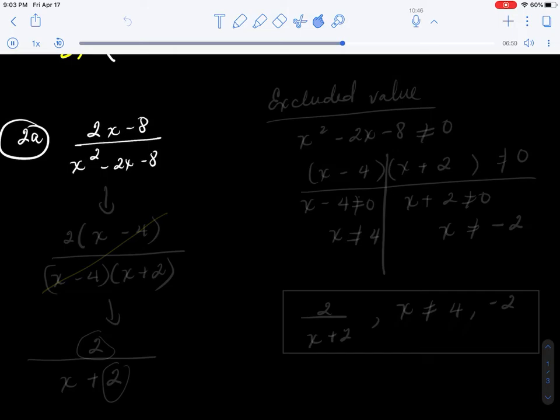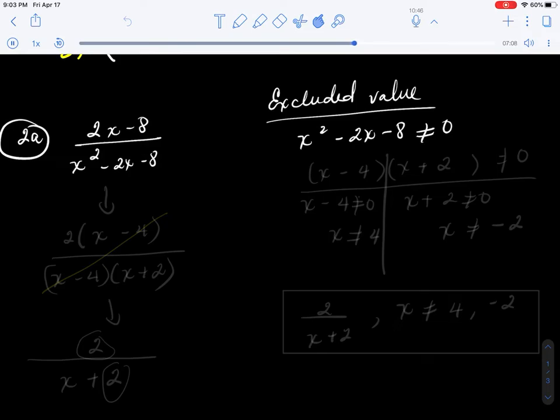Before I set my exclusion, I need to factor it out. So I'm going to say my excluded: x squared minus 2x minus 8 cannot equal 0.